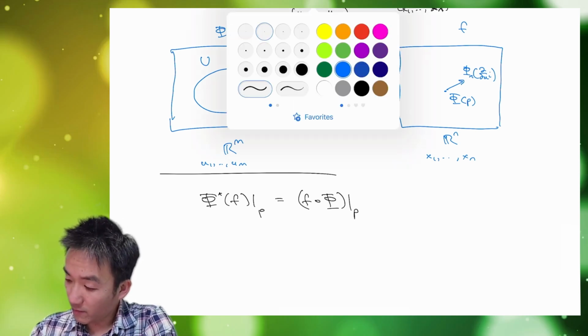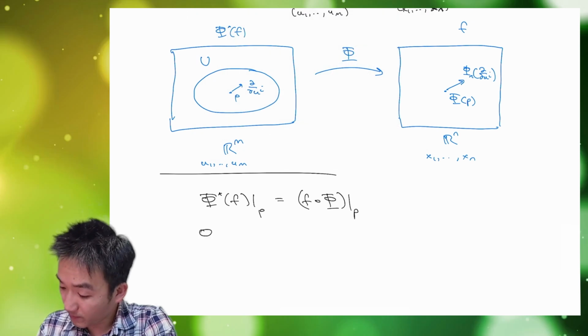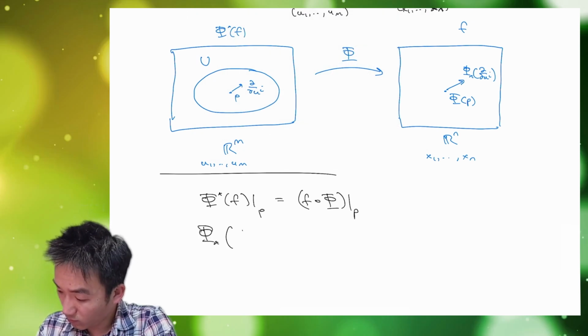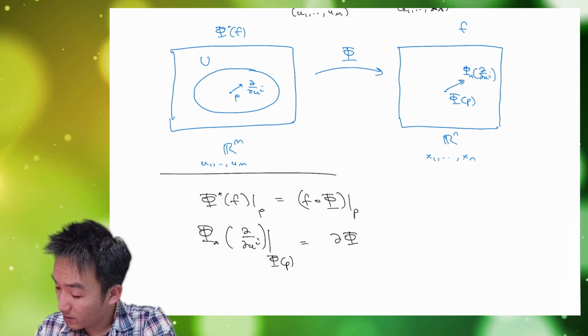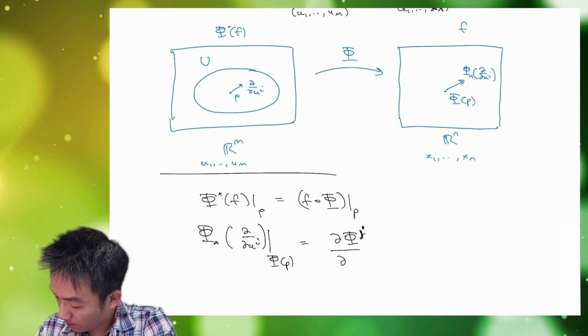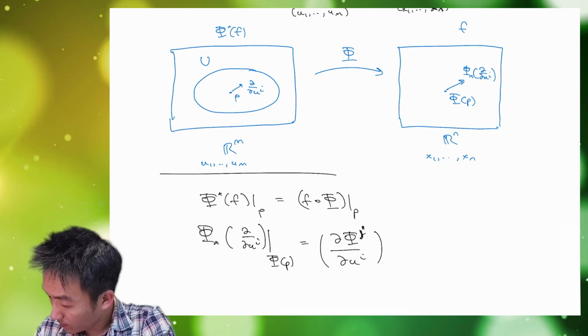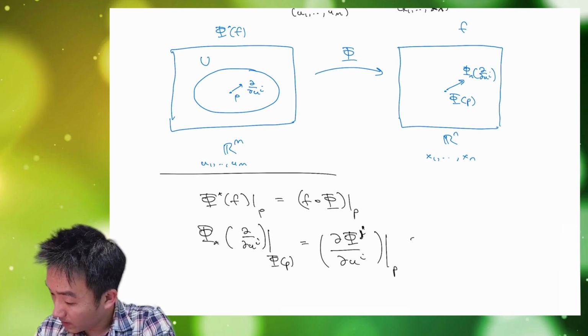It turns out that the formula is given by the following. This is a tangent vector at phi(p), and what I have to do is compute these partial derivatives of the map phi, evaluated at p.